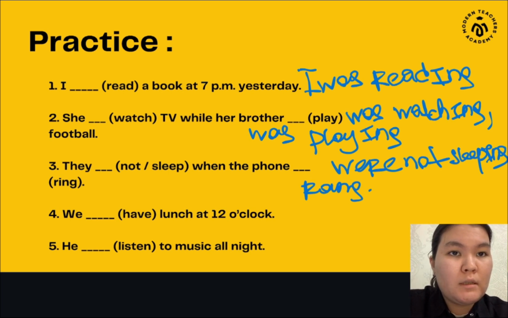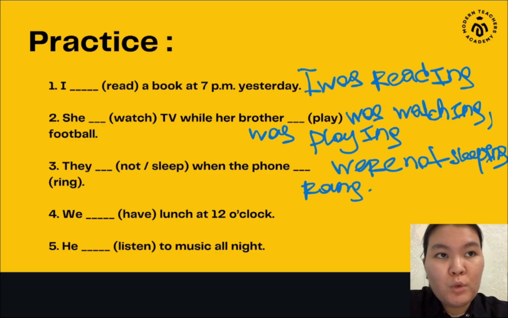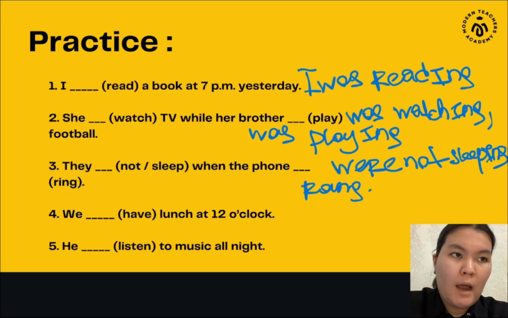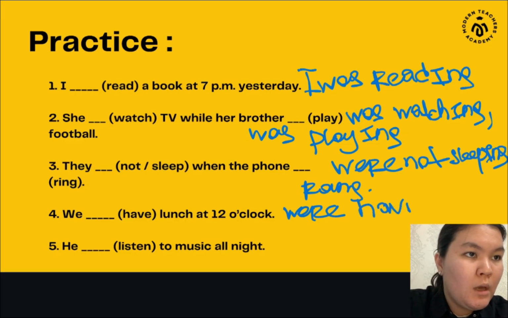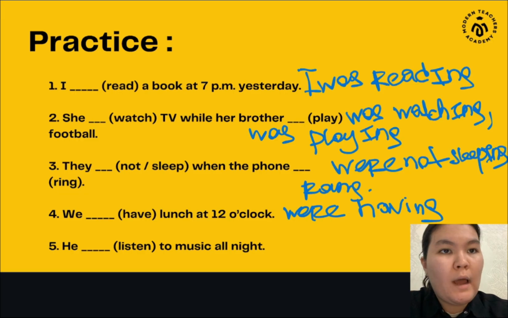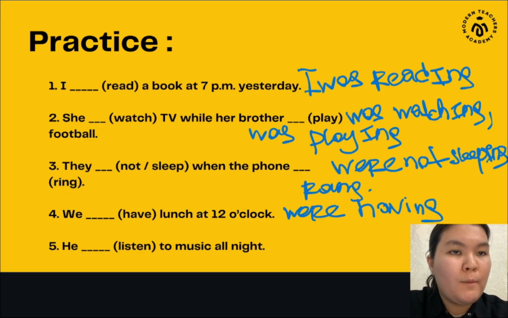In the fourth sentence, you can see that there's we. After we we put were. Then we were having, of course with ing. We were having lunch at 12 o'clock.